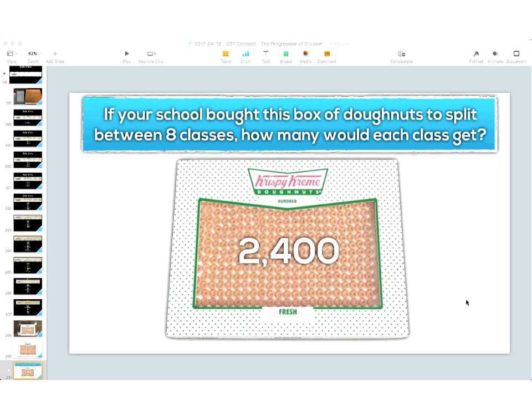If there's 3 8s in 24, there should be 30 8s in 240, which means 300 8s in 2400. So helping them make some of those connections is pretty big.